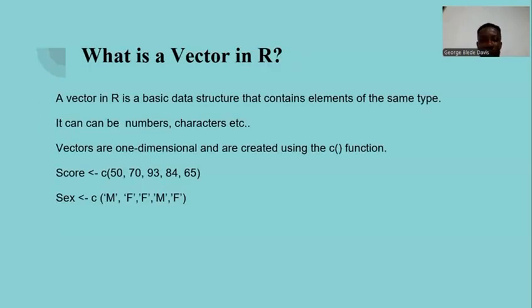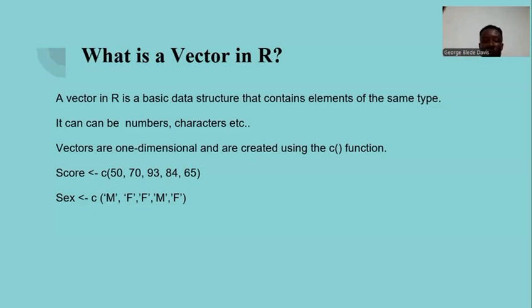What is a vector? Vectors are the simplest and most common object in R. A vector is a basic structure that contains elements of the same type. It can be numbers, it can be characters. Vectors are one dimension, just a list, right? Like the two vectors we are looking at, two different types of vectors. We have a score vector and also a sex vector.